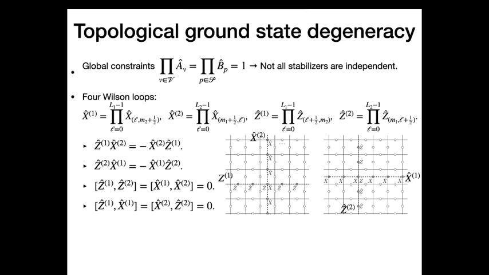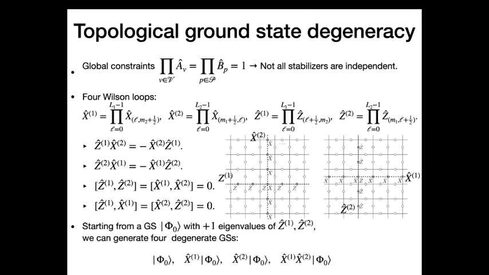And this is related to the Wilson loop operators. Wilson loop operators are products of spins like this. And if we multiply them together, we realize that these Wilson loops commute with the Hamiltonian. So you can assign eigenvalues to these operators. We start from the Hamiltonian ground state phi.